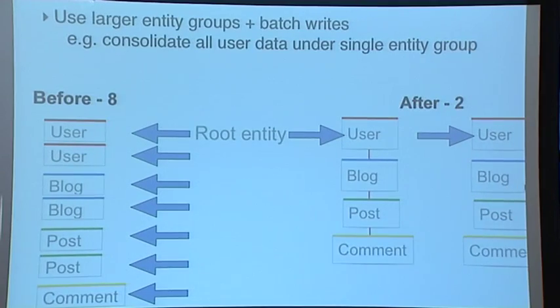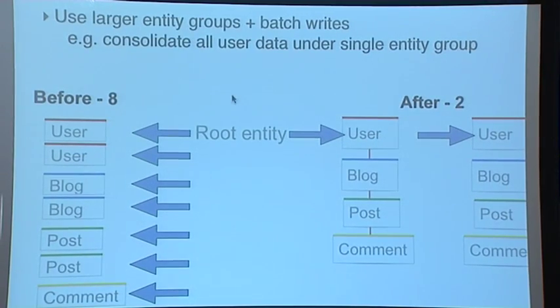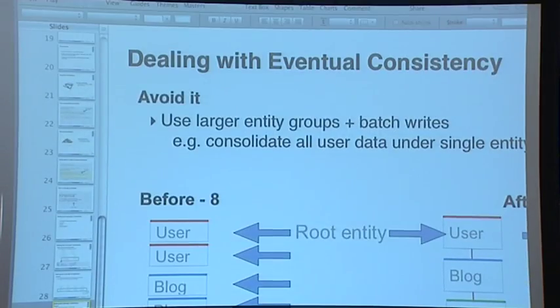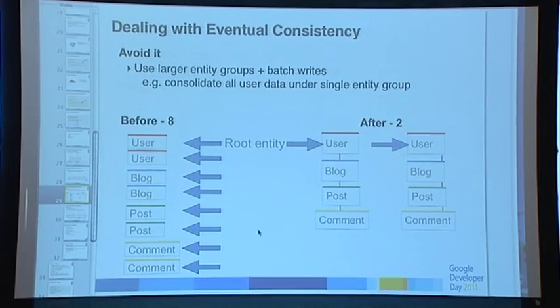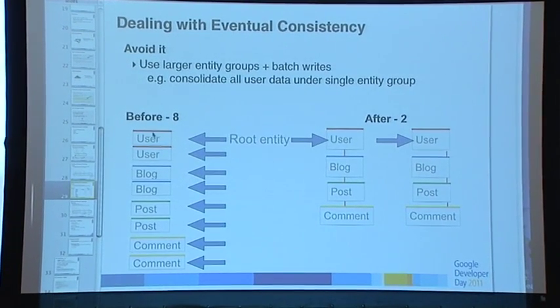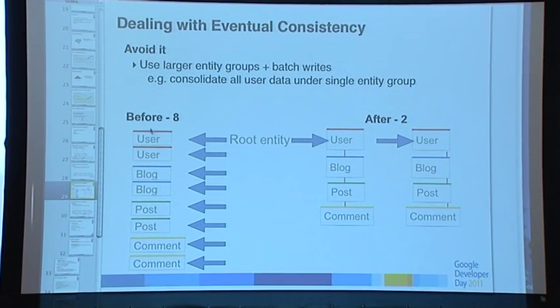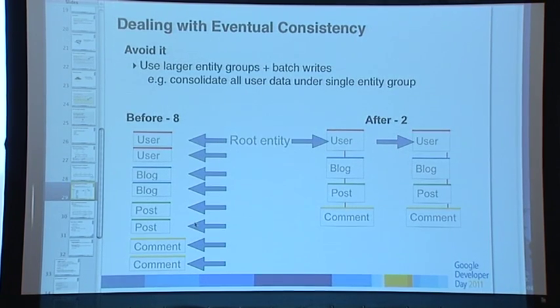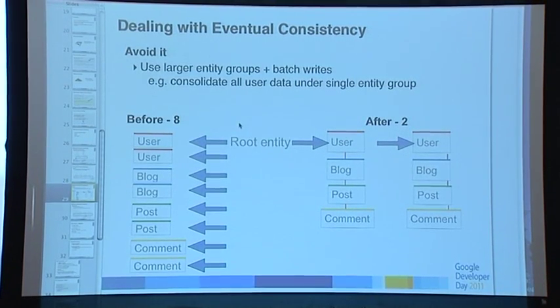Another thing you can do is you can avoid it. Let me just play this slide so you can see the animation properly. On the left-hand side, you see we have a bunch of entities. We have 8. And one way you can avoid it is you can group them.